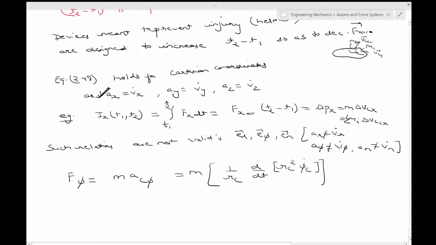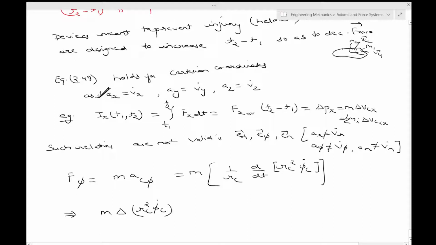Okay, please check how this acceleration in the phi direction is given like this. We had done it quite earlier in this course. Now if you try to integrate it, a first integration, see what happens. Let's say RC goes on this side, so we'll have m into delta into RC square phi C dot.